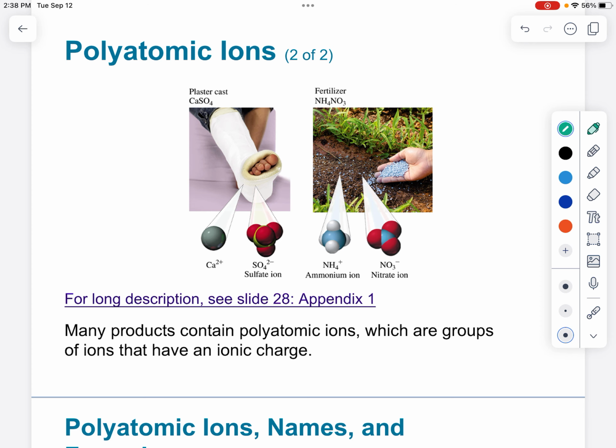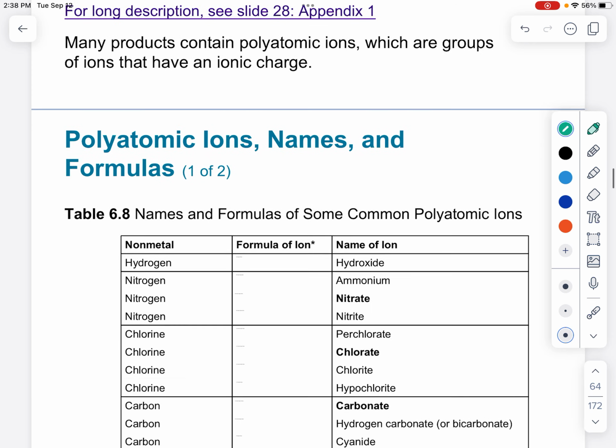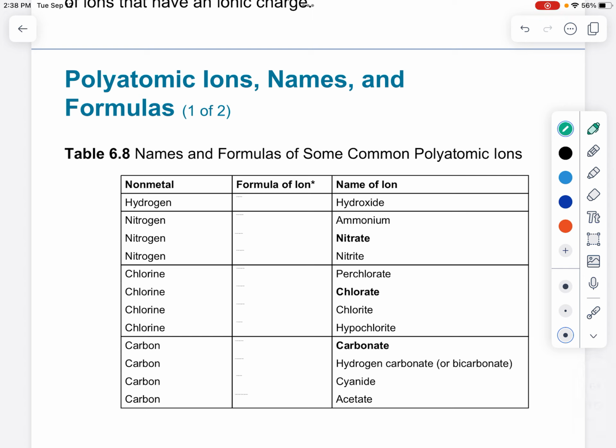Okay, so many products contain polyatomic ions. Unfortunately, when I import into Notability, a lot of these formulas don't come through, but I'll fill out some of them.